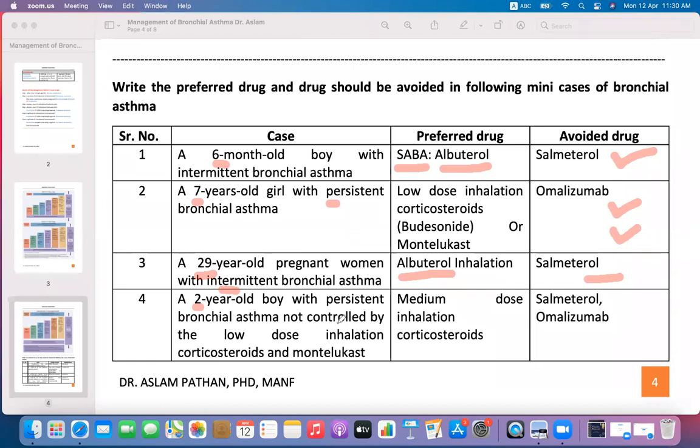If it's not controlled by the low dose inhalational corticosteroid and montelukast, as per our protocol, the preferred drug is medium dose inhalational corticosteroids, and the drugs that should be avoided are salmeterol and omalizumab, that is the long acting beta agonist and the monoclonal antibody.